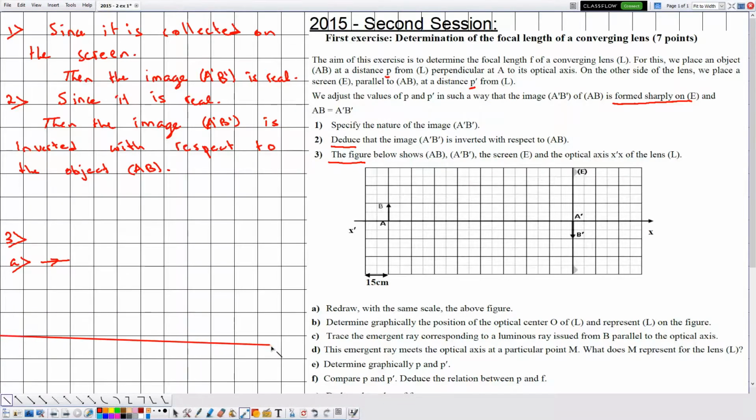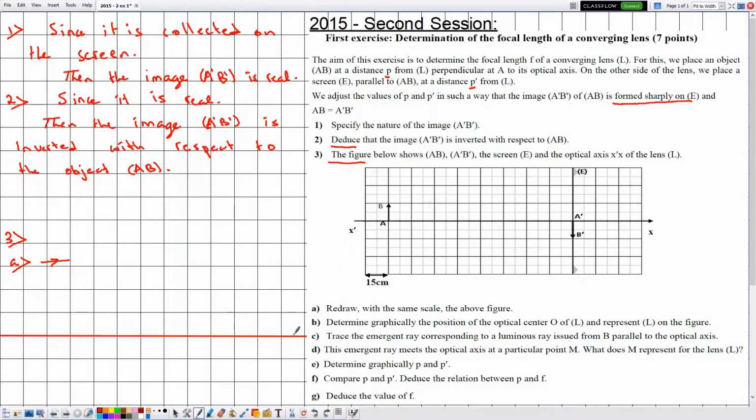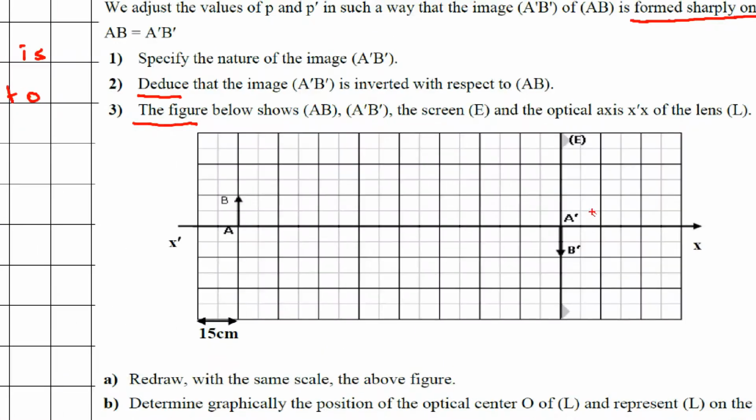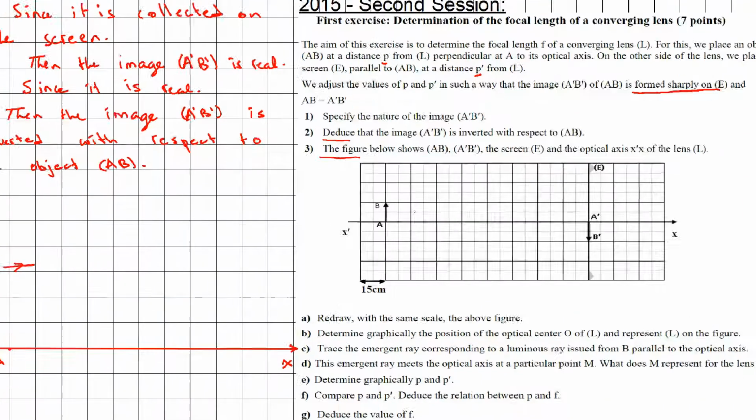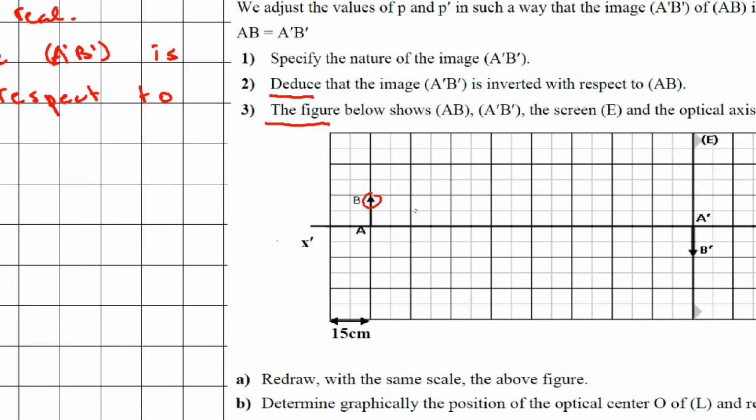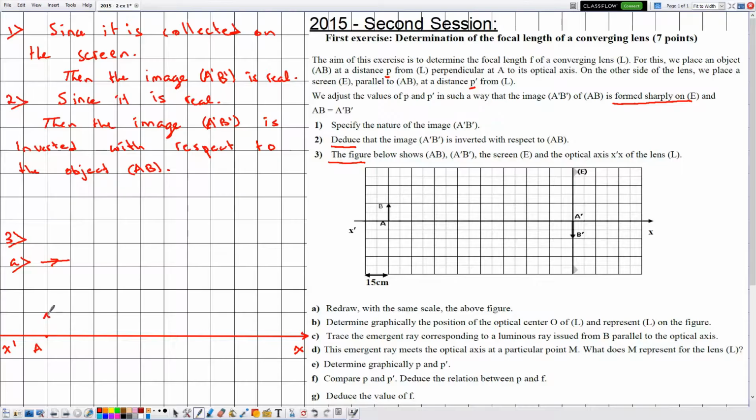This is the optical axis having the same direction of propagation of light, which is from left to right. Now here the point A is located on the optical axis, so this is the point A, and the point B is located one division above A. Now let's trace the object AB.